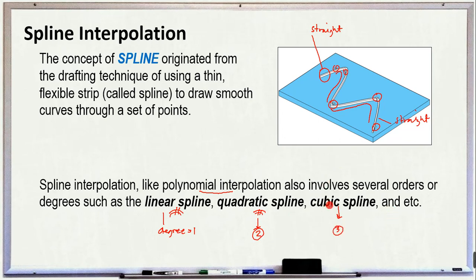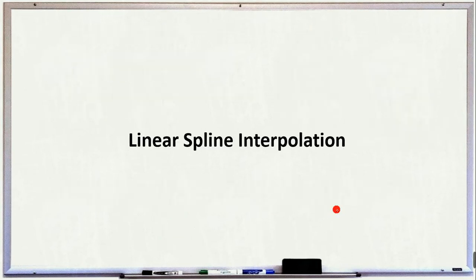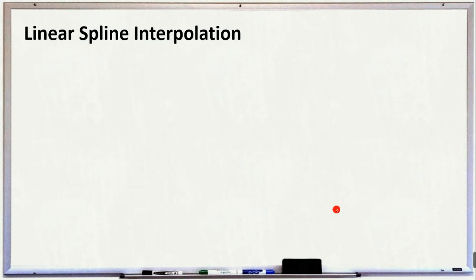But until cubic lang because in some books, they concluded that cubic spline is a practical way of estimating a function given several data points. Okay. So next, start sa linear spline interpolation.